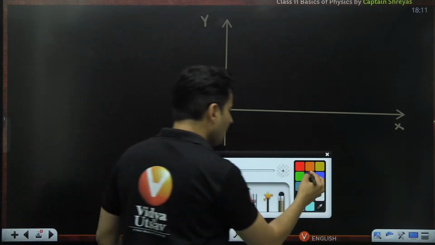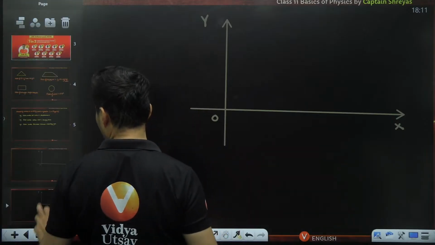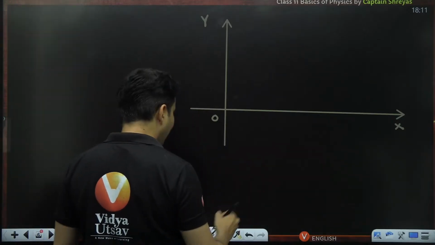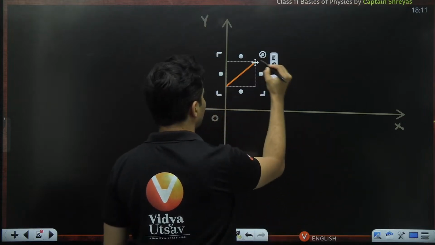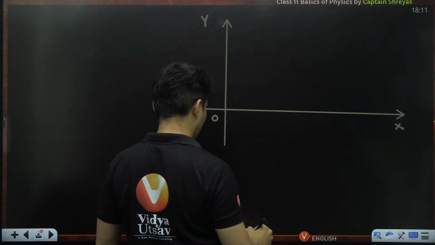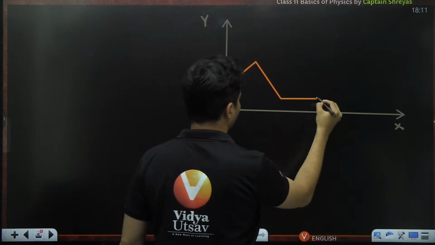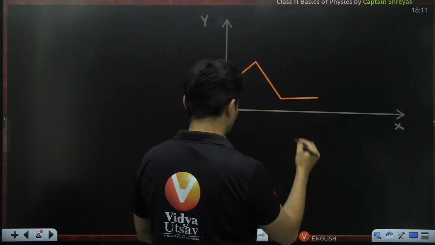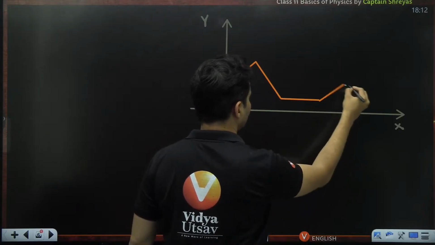So say for example, in this scenario, I have a graph which goes like this, then maybe like this, and then maybe like this.